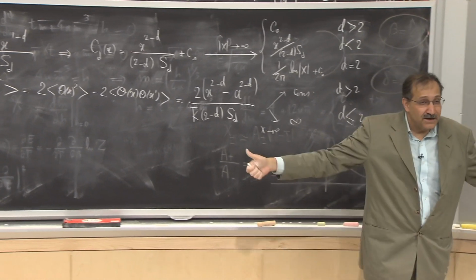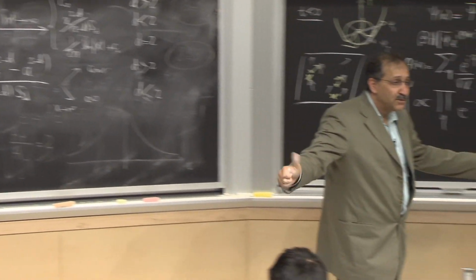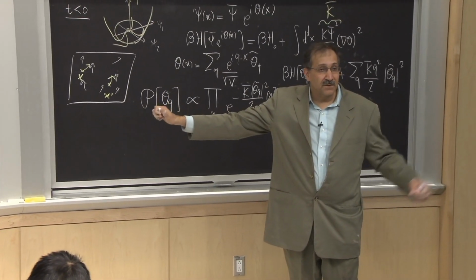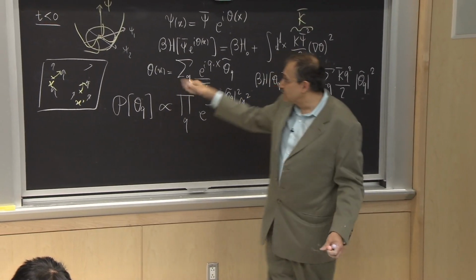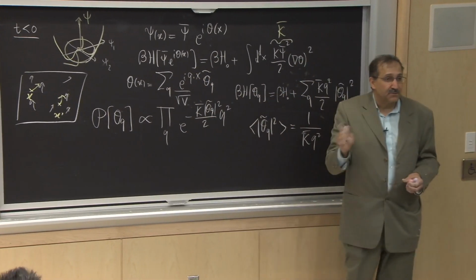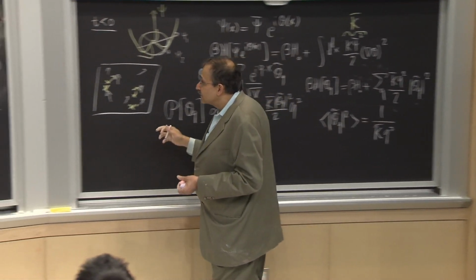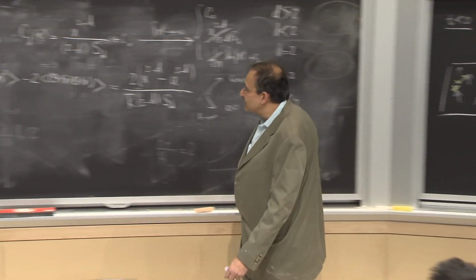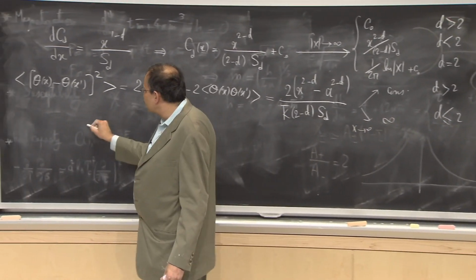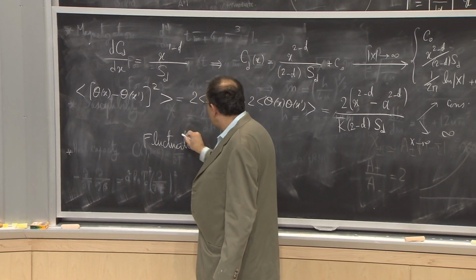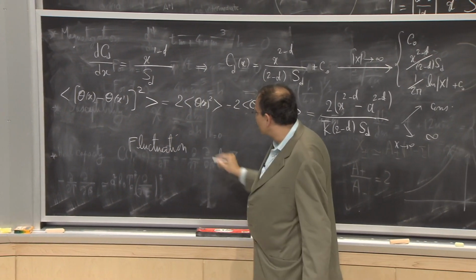If I go to far enough distances, fluctuations will tell me that I don't know what the phase is from here to here, because it has gone over many multiples of 2 pi so that it has become divergent. So what that really means is that because of fluctuations, you cannot have long-range order.